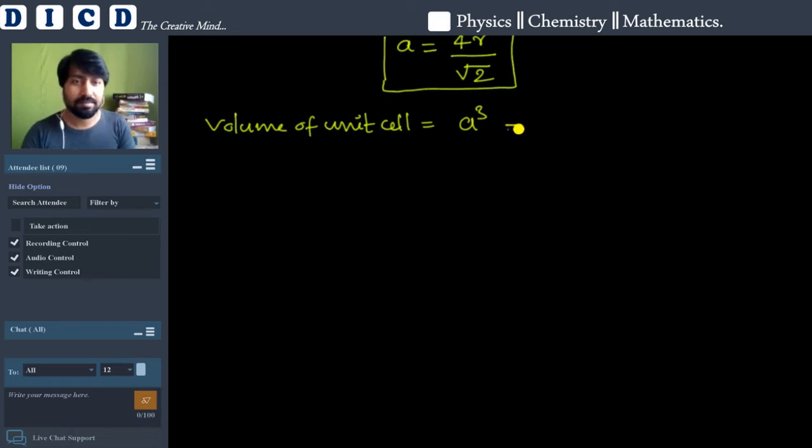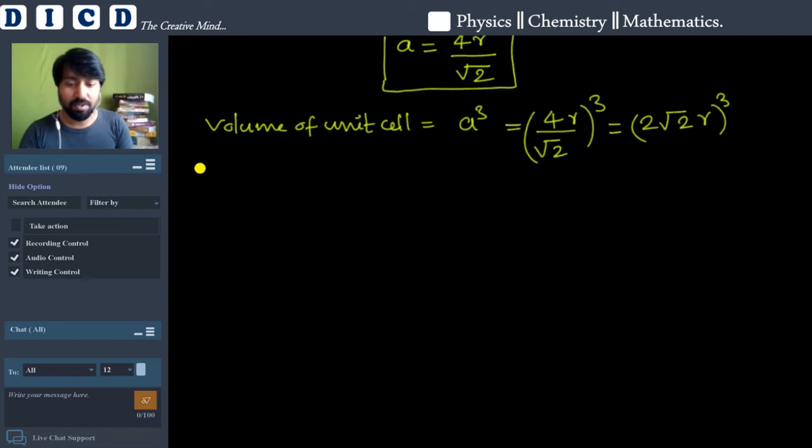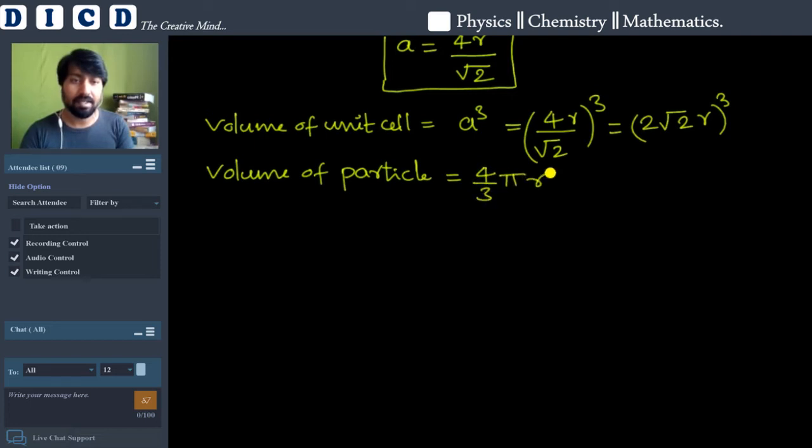That means we have (4 divided by square root of 2) r, whole cube, and 4 divided by square root of 2 is 2 into square root of 2, so 2 square root 2 r cube. After that, the volume of the particle: we take the particle as spherical, therefore the volume of the sphere is 4 by 3 pi r cube.